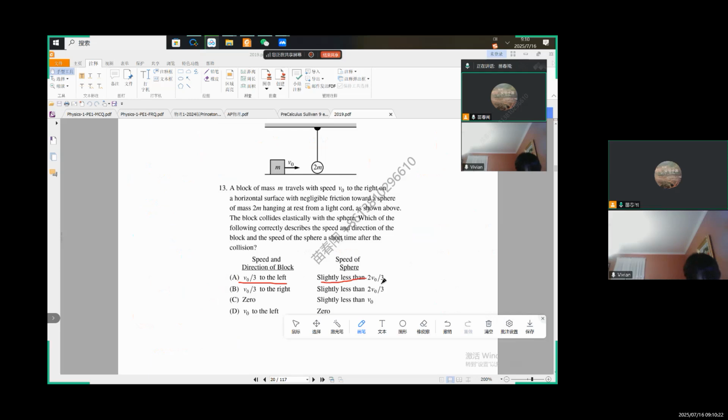So this one is definitely wrong. B is definitely wrong. C is also definitely wrong, right? So the only things left are A and D, right? Because B and C's momentum is not even conserved.